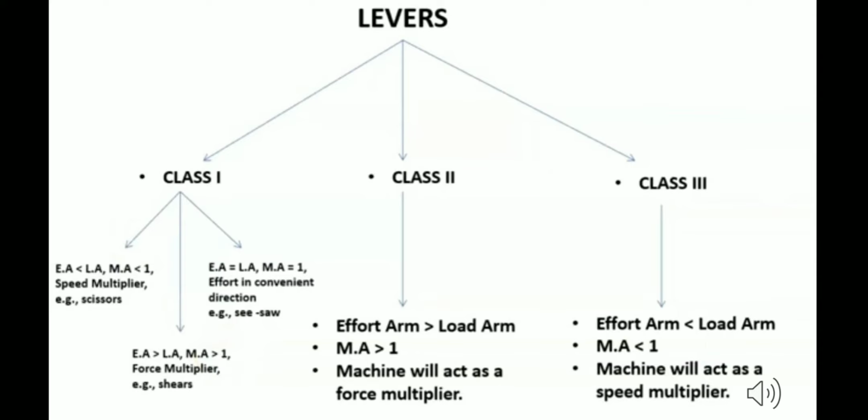Now, if you take the example of scissors, effort arm, that means from where you hold the scissors, that arm is small as compared to the length which is cutting. So, the load arm is bigger and effort arm is smaller, and therefore this class of lever, in the case when effort arm is small and load arm is big, is used as speed multipliers.